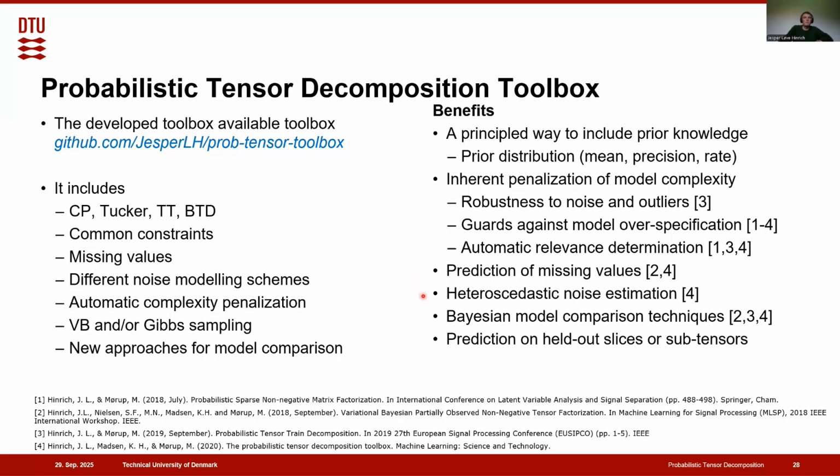We have improved noise estimation for heteroscedastic noise. There are also some additional techniques for how to compare and select models in the Bayesian setting. And there are also principled ways of predicting on held out slices of the data or subtensors based on this conditioning of random variables that is done in Bayesian inference.